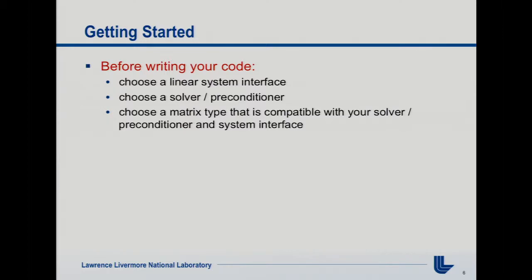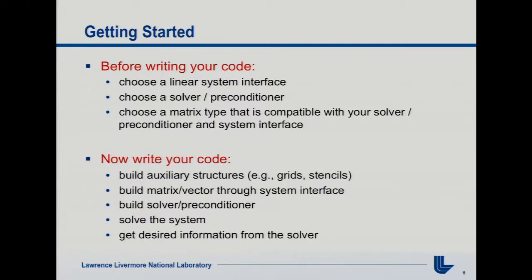OK, so let me get into how to use the code and how to use these linear system building interfaces in particular. There's a couple of things before you use HYPRE that you need to do, and there's some decisions first. The first is you need to choose the linear system interface you want to use. I'll tell you what this means in a second. After that, you choose some solver or preconditioner, and then based on this, you have to choose some sort of underlying storage approach to be used with that solver.